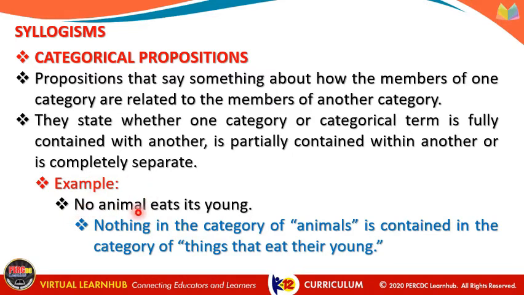No animal is found within anything that eats its young. So we are relating the category of animals to the category of those that eat their young. And we now see from here that there is no animal that is contained within this category.